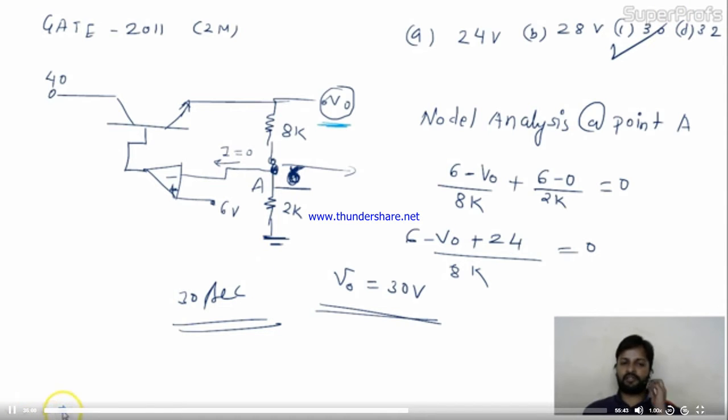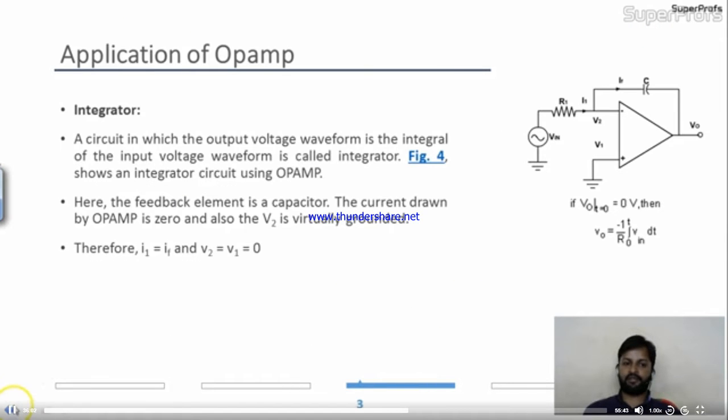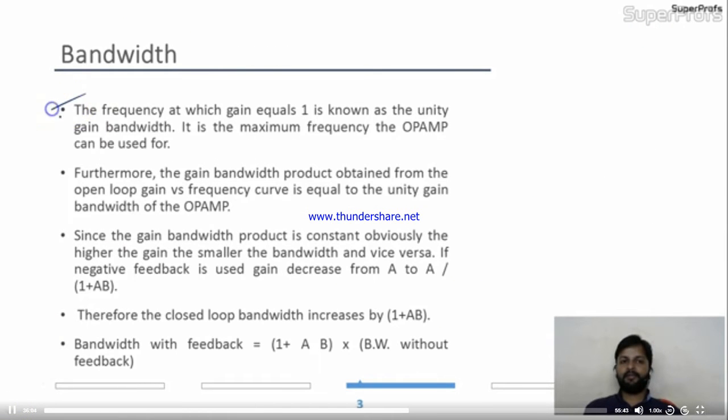Let's come to the next concept, and the concept is bandwidth. The bandwidth of an op-amp circuit. The frequency at which gain equals 1 is known as the unity gain bandwidth. Because earlier we have seen that gain and bandwidth product is constant.